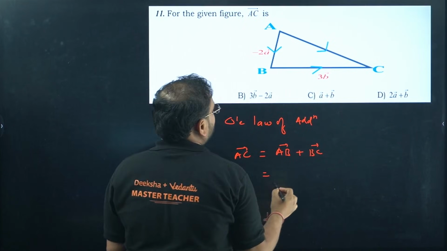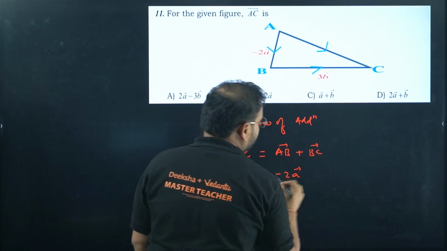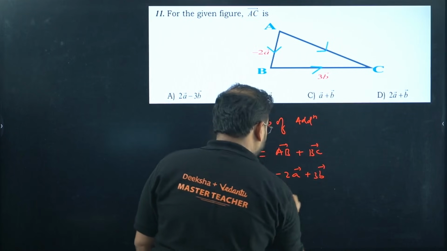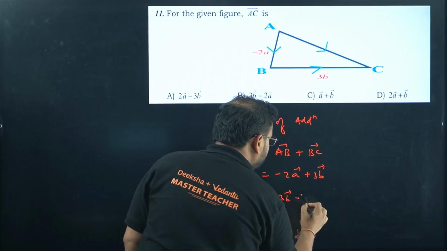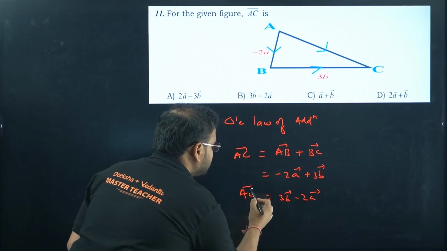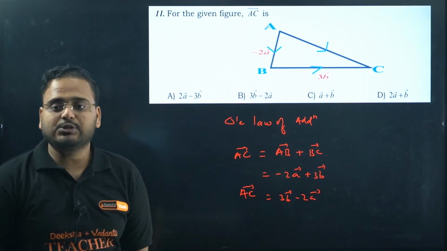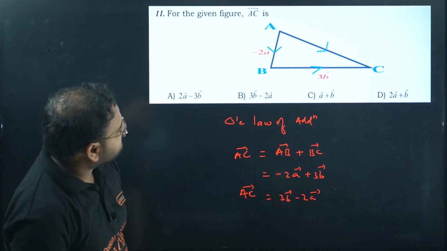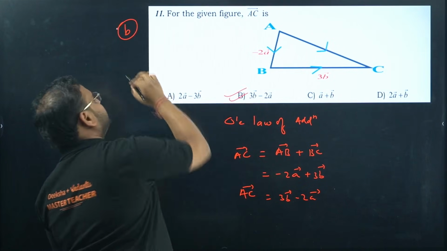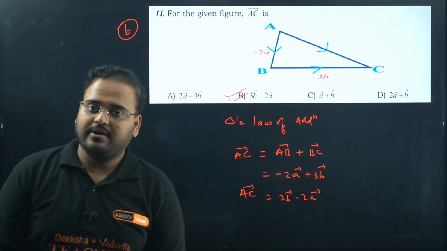So check here, AB is going to be minus 2A vector and BC is going to be plus 3B vector. Rearrange it please. So 3B vector minus 2A vector. That's your answer for vector AC. 3B minus 2A vector. Option is B, correct? Super.